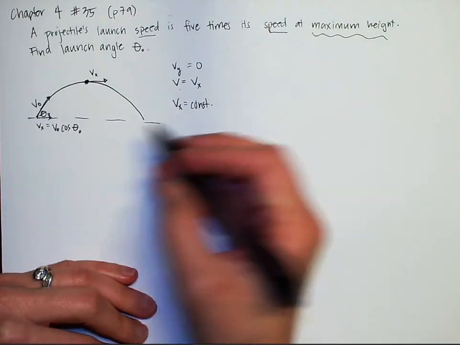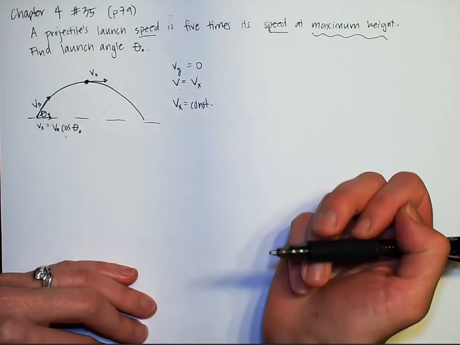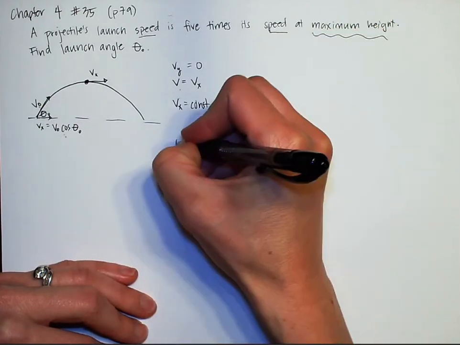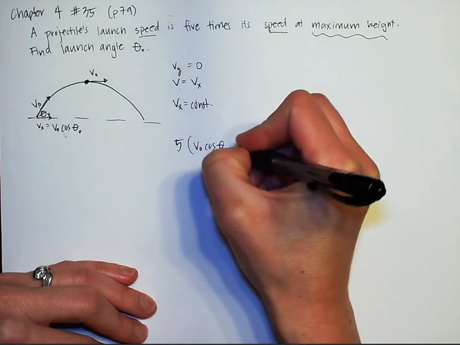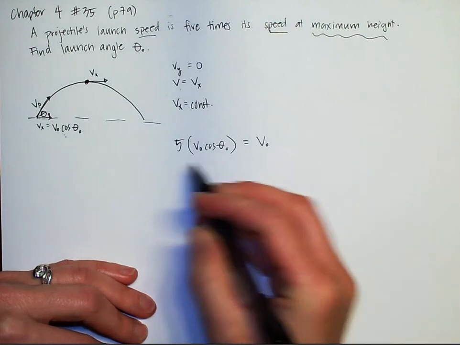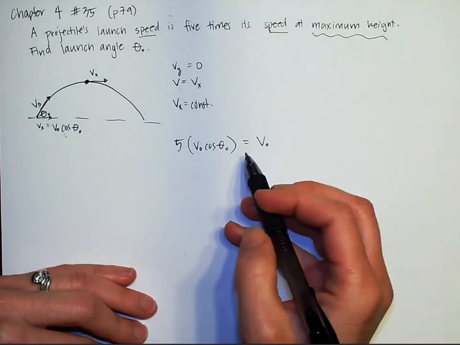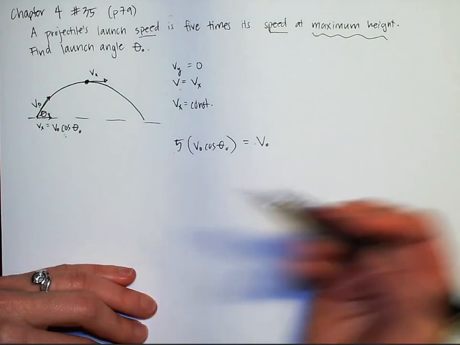And so if this is 5 times bigger than this, then we could say 5 times V naught cosine theta naught equals V naught. And I've talked to some students who have trouble figuring out where to put the 5, if they should put it right there, if they should put it right there.